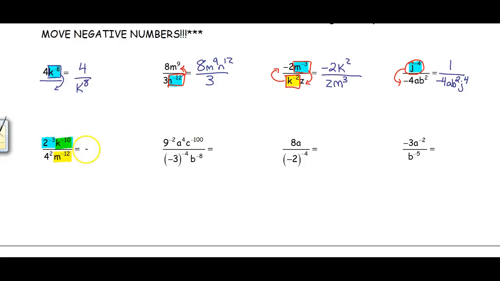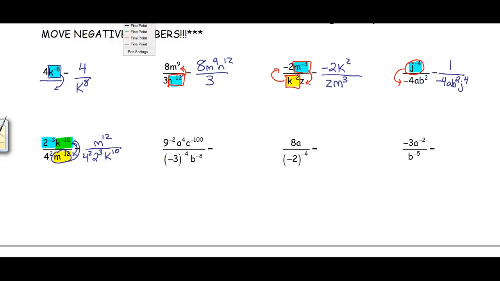So 2 to the negative 3rd is going to come down to the bottom and become 2 to the 3rd. K to the 10th is going to come down to the bottom. And then M to the negative 12th is going to come up top. Here though we do have to simplify.